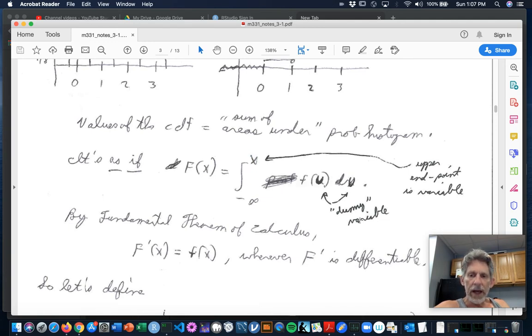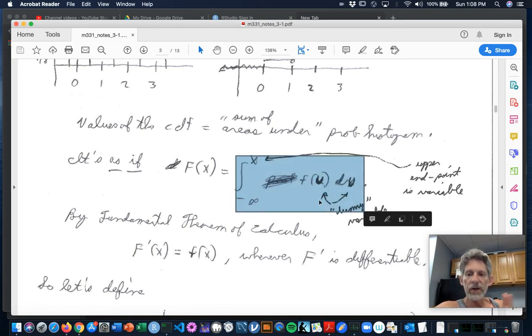So it's the little x that's the variable: the upper endpoint of the definite integral is the variable. When I think about the little f function, I shouldn't think of it as a function of x. I should think of it as a function of some other dummy variable on the horizontal axis. I'll just use u as my dummy variable. I could have used George, and it would still be one of these area under the curve functions that you met back in Calc 1.